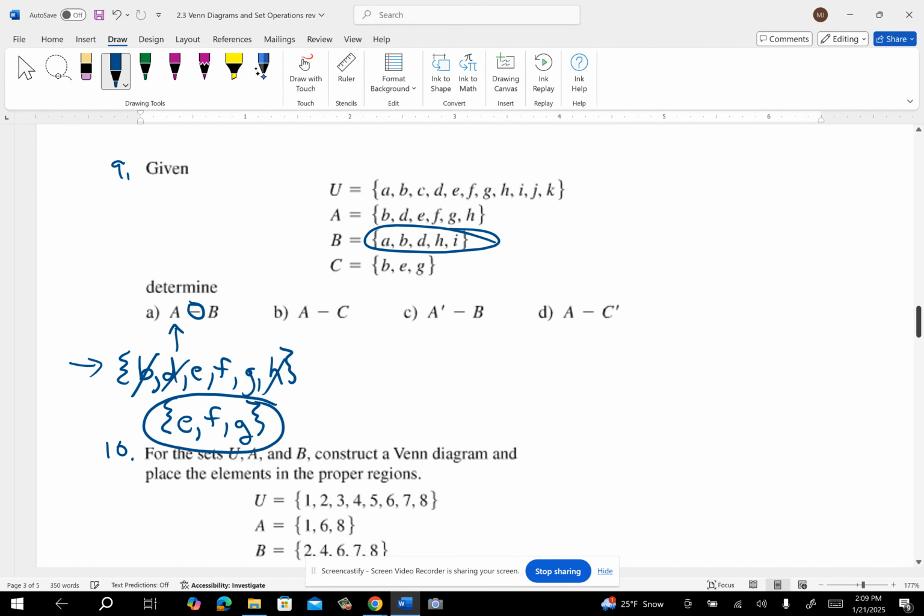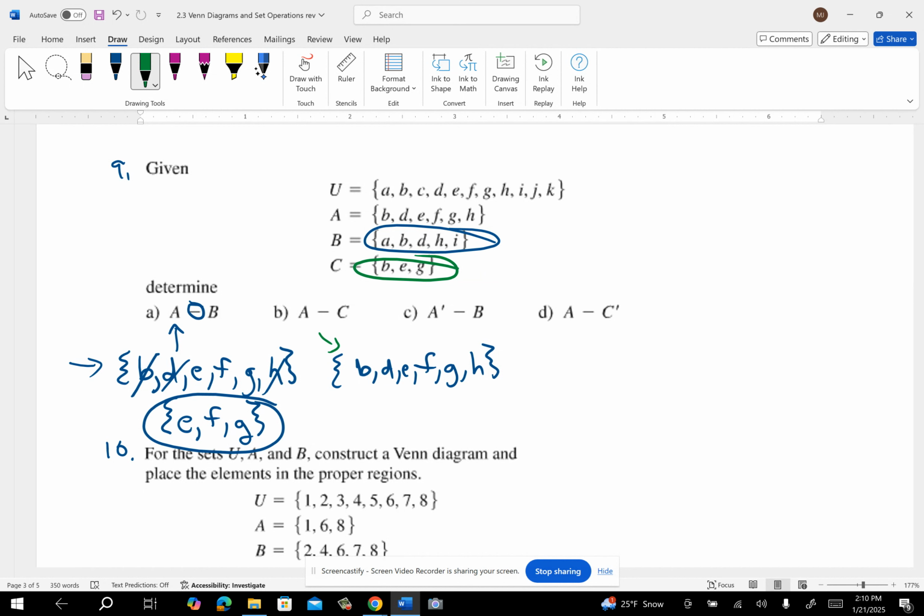Okay. All right, if it were A minus C, you start with set A. So that's the B, D, E, F, G, H. Then you look at set C. Let me do this one in green. So when we're trying to do A minus C, the difference of set A and set C, set A was the first set, so we write that down here.